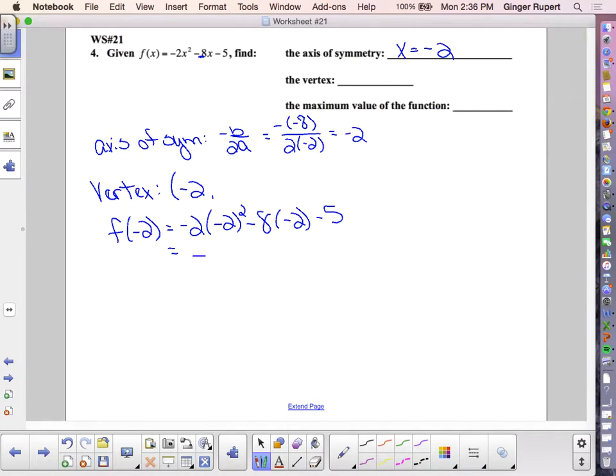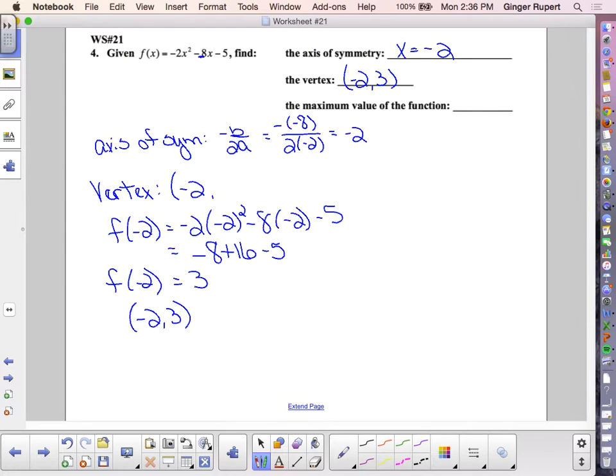It's going to give me a negative 8. Negative 8 times negative 2 is going to give me a positive 16. And then minus 5. So I will have 3. So f of negative 2 equals 3. And you know that's the ordered pair negative 2, 3. And that is my vertex, negative 2, 3.